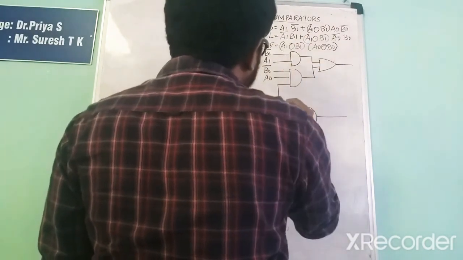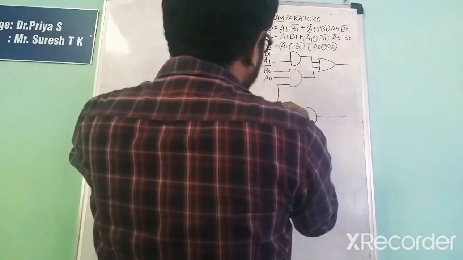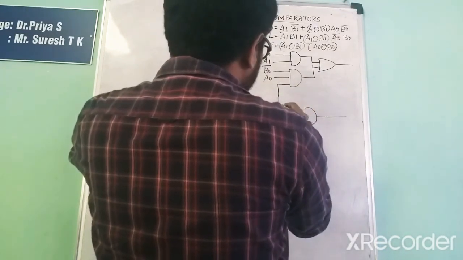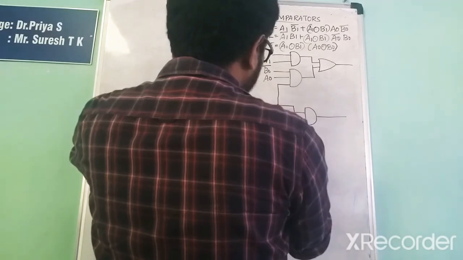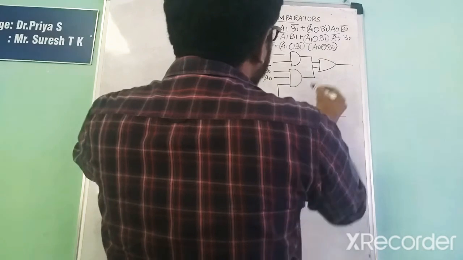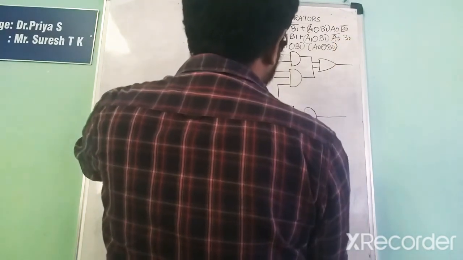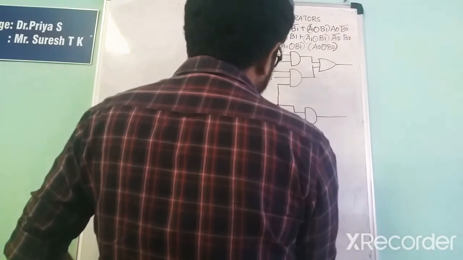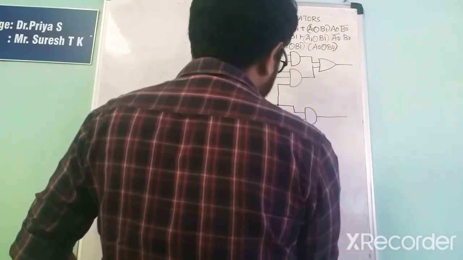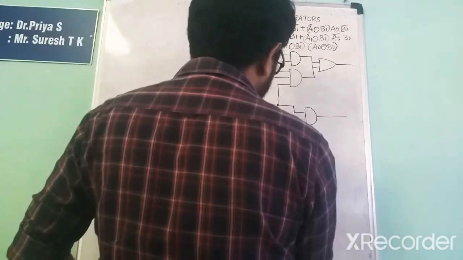Less than condition means we have an A1 XNOR case. A0 bar B0. We can take another one, A0 bar B0.